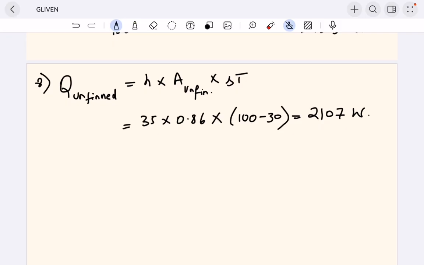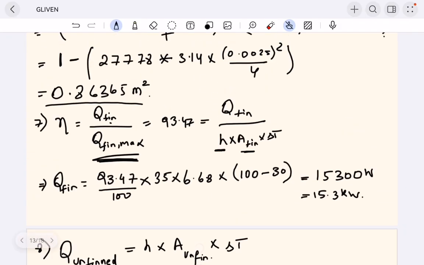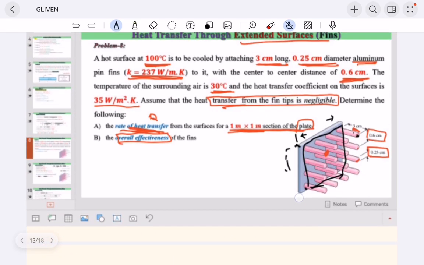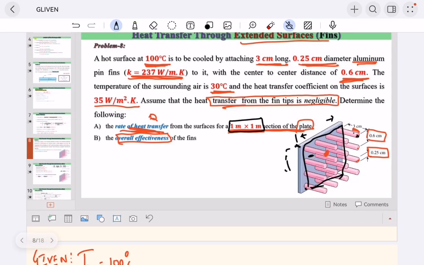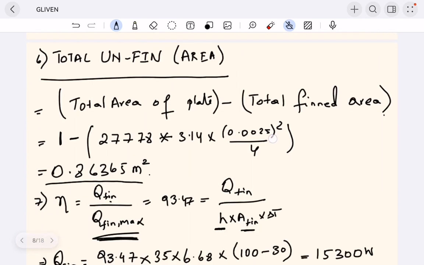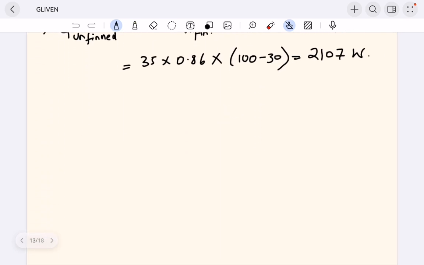2107 watts. Right. So if you look at the plate, there are gaps in between, right? These are unfinned areas, these are finned areas. So these gaps are giving 2107 watts, and these fins are transferring 15,300 watts. See the difference? The unfinned area and the finned area. That's why fins are important.